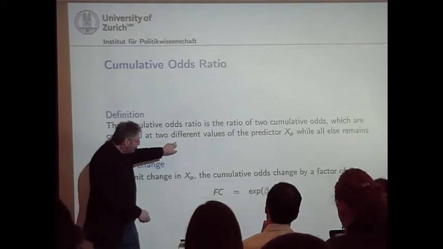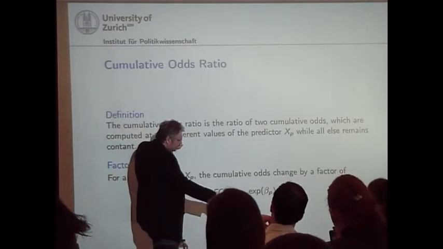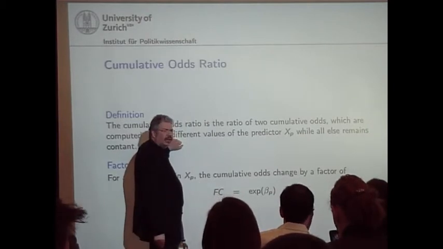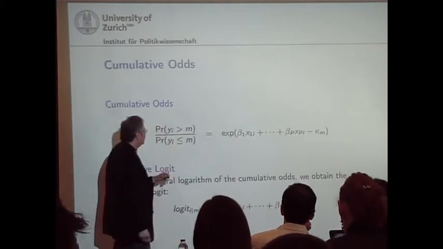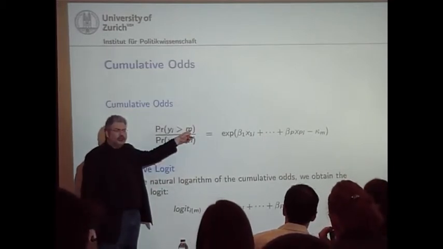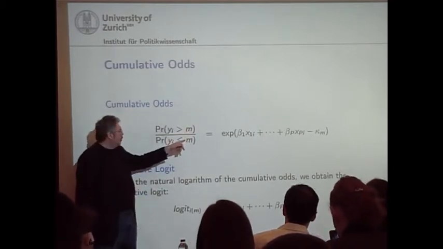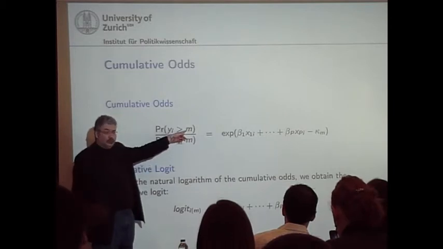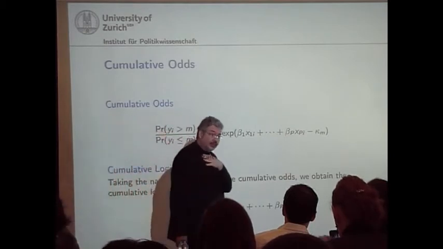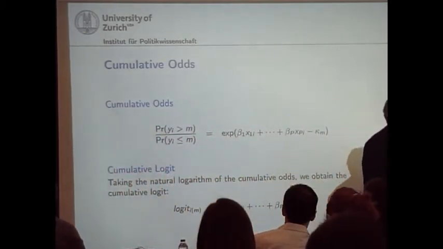But as you'll notice here, this factor change doesn't actually depend on which category you're considering. So the factor change is the same when I substitute 1 for small m here, or when I substitute 2 for small m here. That's again, by the way, a function of that parallel regression assumption I mentioned.